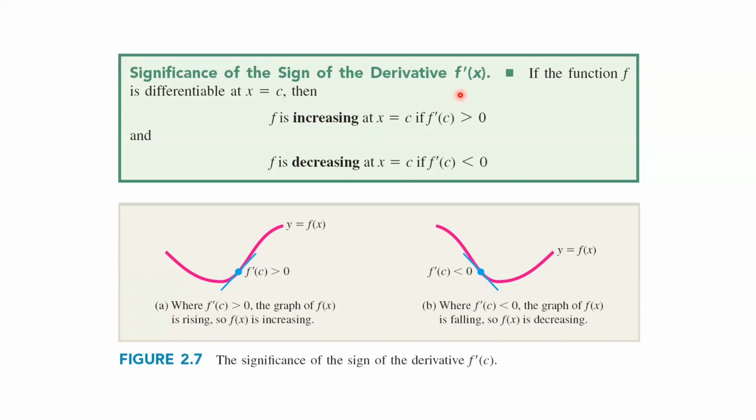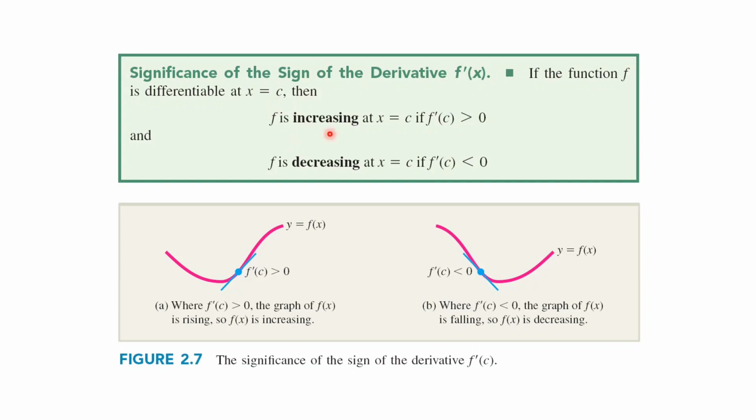Now that we know that the derivative can be interpreted as the slope of the line tangent to the curve y equals f of x, we have a way to determine if a function is increasing or decreasing. If a function is differentiable at x equals c, that means the limit that defines f prime of x at x equals c exists.